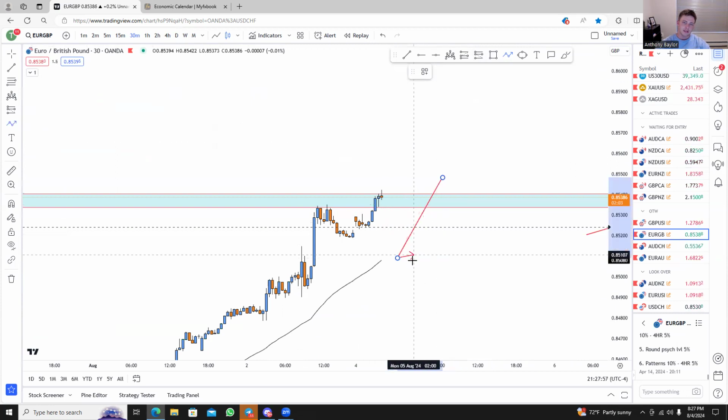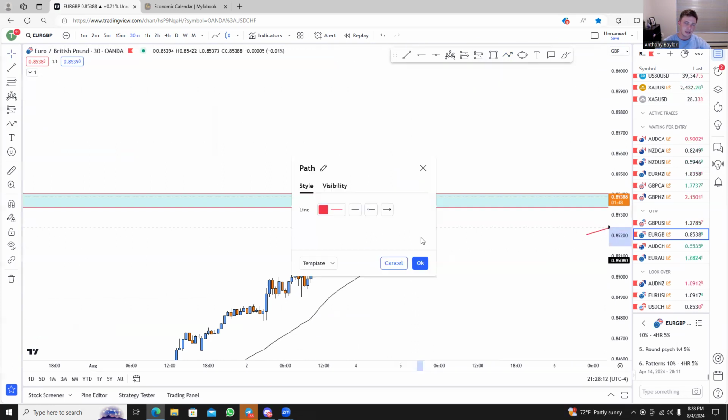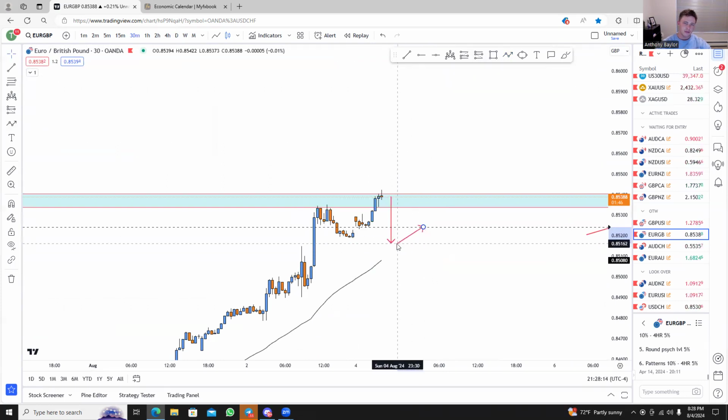If this candlestick just drops right here, making this lower high, lower low, we have a shift of structure. We have an engulfing candlestick. Wait for that retest of that neckline there, or it could even potentially retest there. And then take it to the downside.